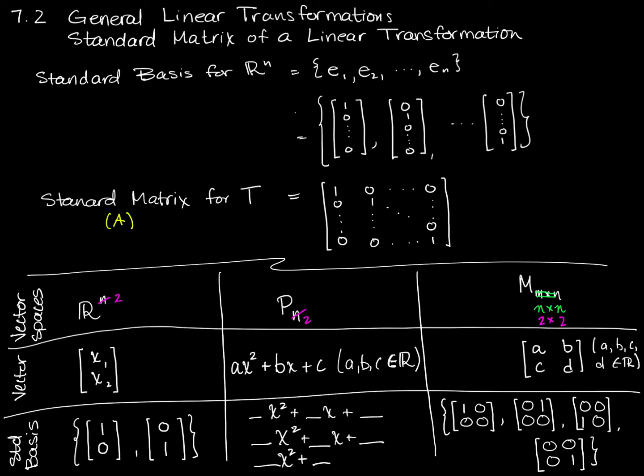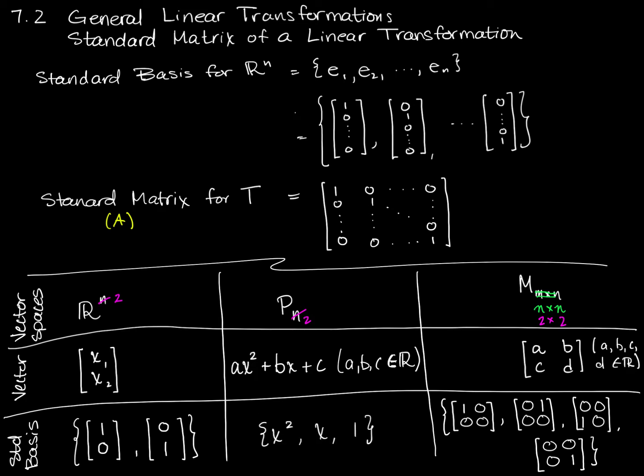Now, if each one of these has a unit in one position and then zeros everywhere else, you get this. I'll write it up here for now, and then I'll erase this and copy it back down. So what have I got here? I've got 1x squared, I've got 1x, and I've got 1. And that is the collection of vectors that makes up the standard basis for the polynomials of degree 2 or less.